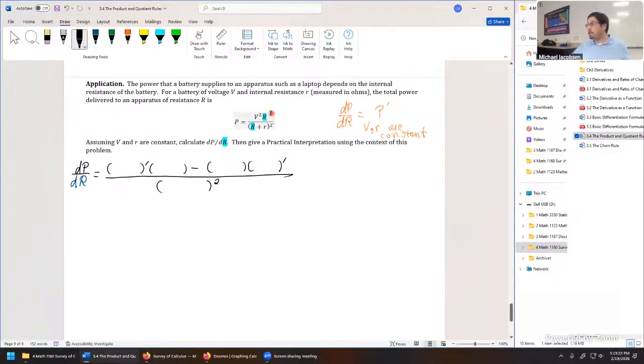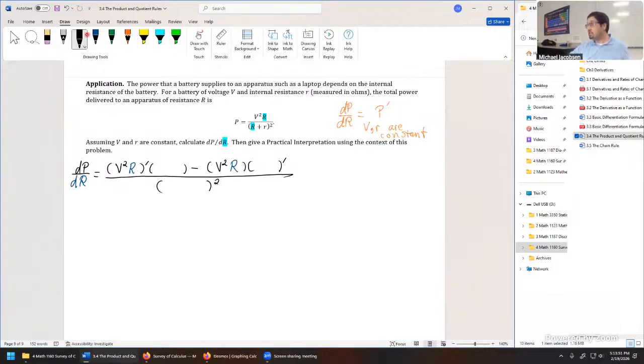Now we take the numerator, V squared R. It goes into these same 2 positions like we've been doing each time the quotient rule came up. So both here and here. Here we need to take a derivative, but it's a tricky derivative because it just doesn't look like anything we've done so far, thanks to a variable being uppercase R, playing the role of x, and V squared playing the role of a constant.